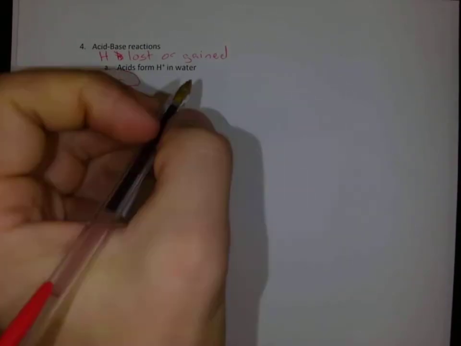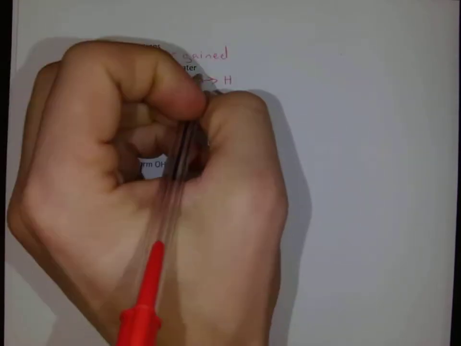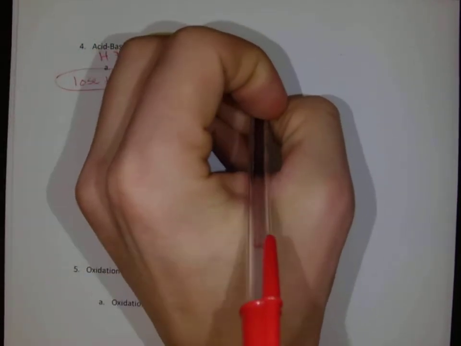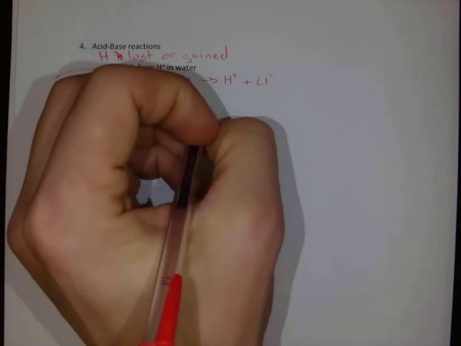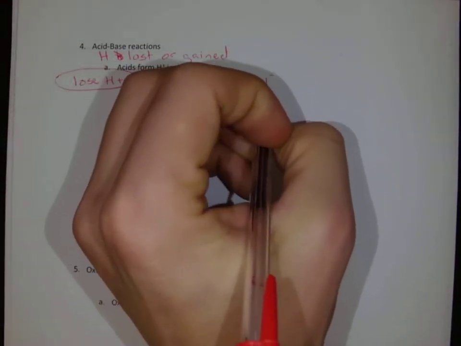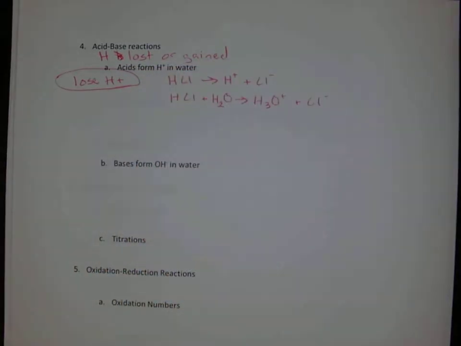So a strong acid, like HCl, when we put it in water, is going to form H plus and Cl minus. So I could also write this as HCl plus H2O forms H3O plus and Cl minus, okay?